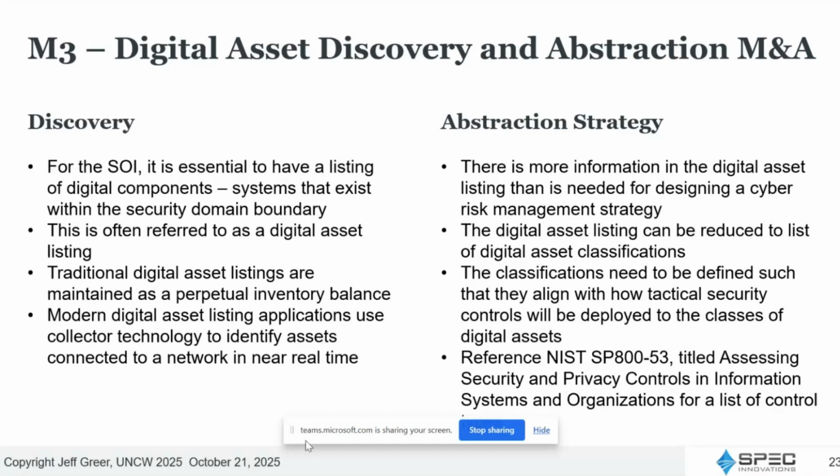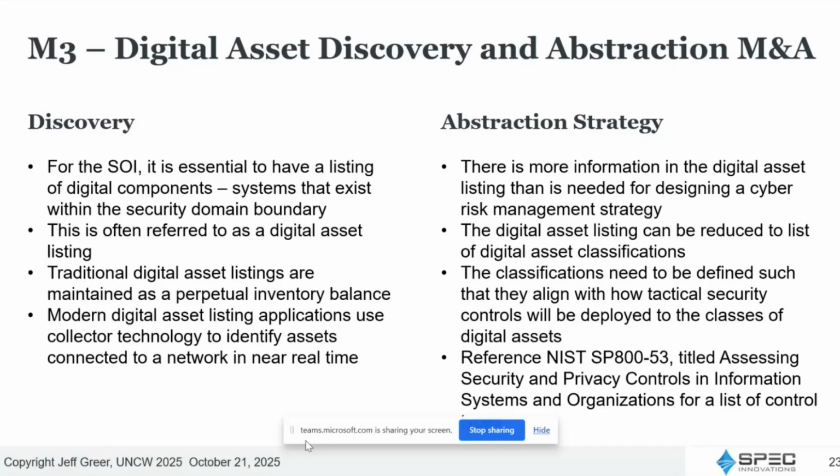Every digital asset is going to have a serial number, may have a location, and truthfully, you don't need that level of detail when you're designing your cyber risk management strategy. So you can reduce the list of digital assets down to just the classification of assets, right? You can form classes. And the classes need to be defined such that they align with how tactical security controls will be deployed to the classes of digital assets. And I have an example coming up.